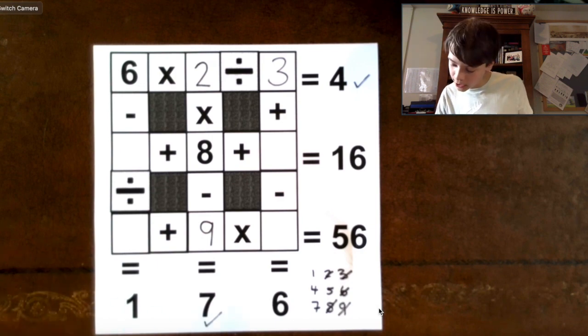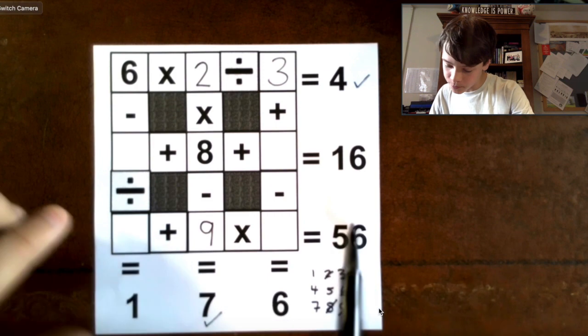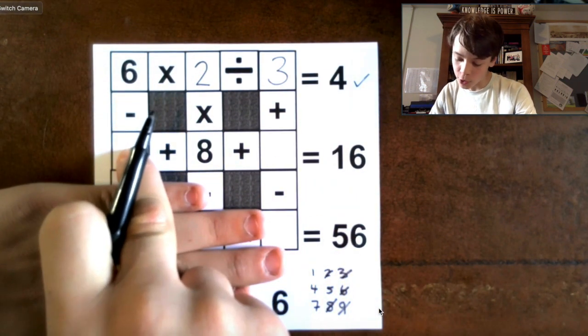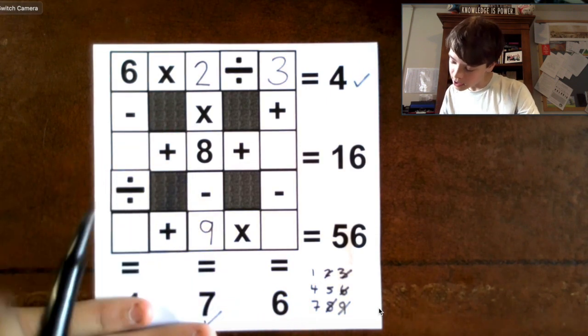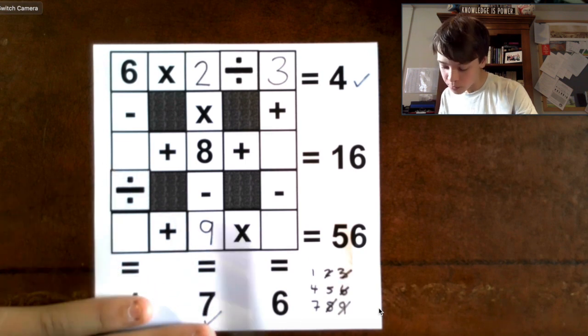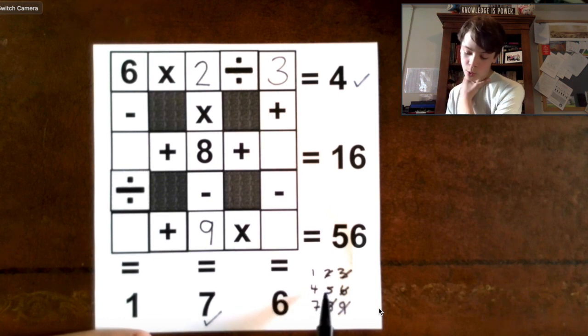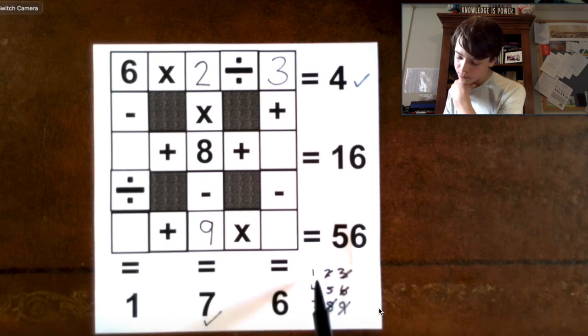So I know that 6 minus whatever has to be equal to that number there that goes in there. So 6 minus 1 and then 5 would work. If we did 6 minus 4, then we'd have to use a 2, or 6 minus 5, and then we'd have to use a 1.